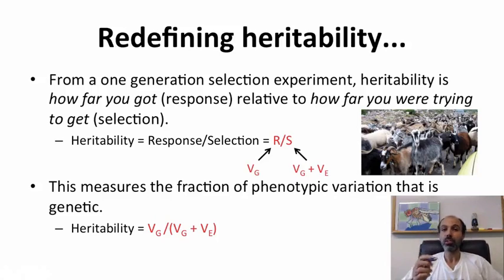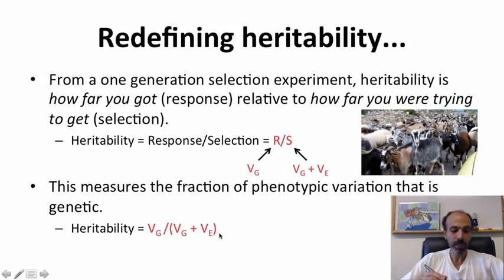Right? Because again, as I mentioned earlier, the response to selection can only be through genetic variance. Now, again, this measures the fraction of phenotypic variation that is genetic, because this is equivalent to Vg over Vg plus Ve, or, as we said before, Vg over Vp.